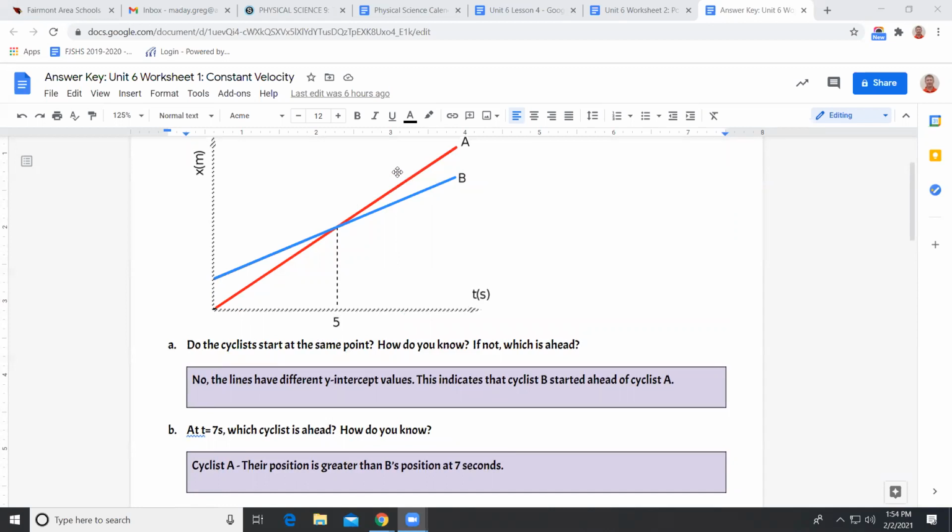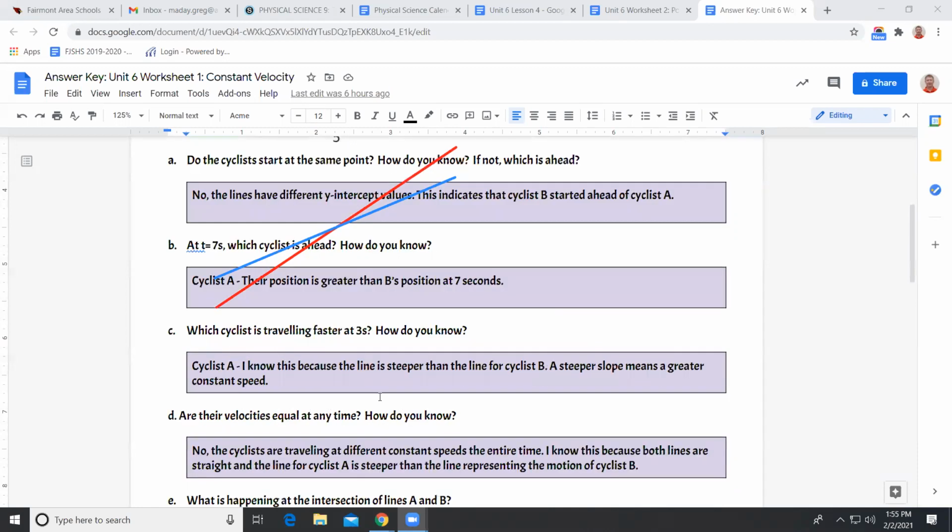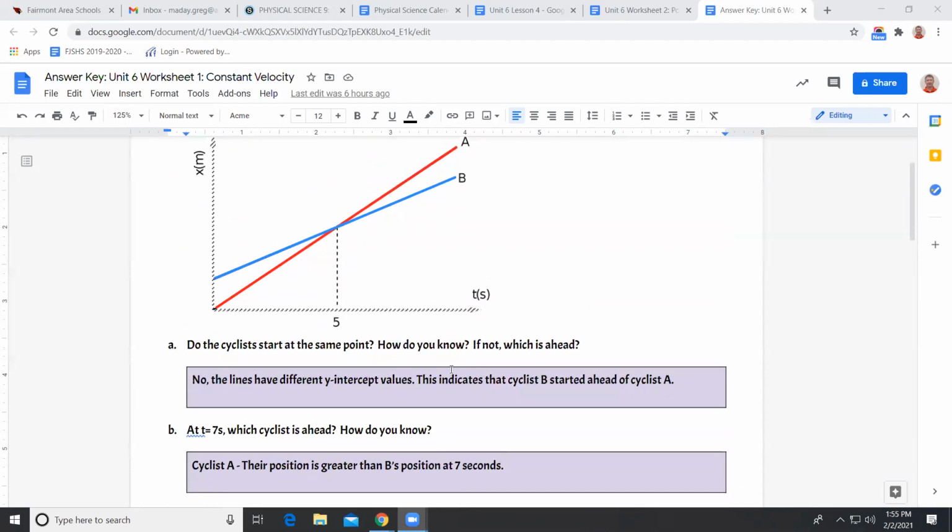Since neither their velocity nor their speed changes, and A has a steeper line, cyclist A is traveling at a higher velocity, and they never have equal velocity. It says the cyclists are traveling at different constant speeds the entire time. We know this because both lines are straight and cyclist A has a steeper line, which means they do not travel at the same speed at any point in time.